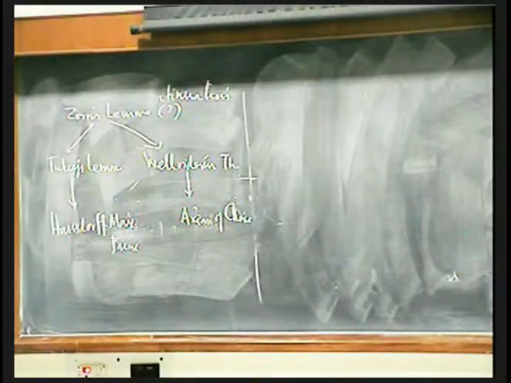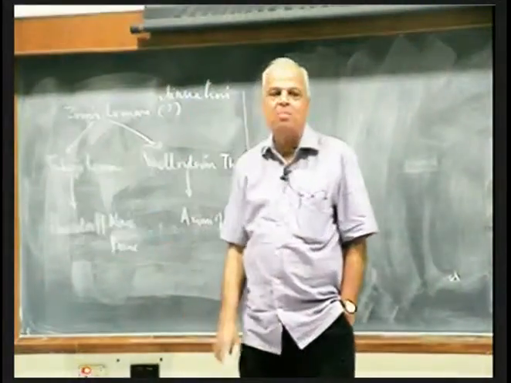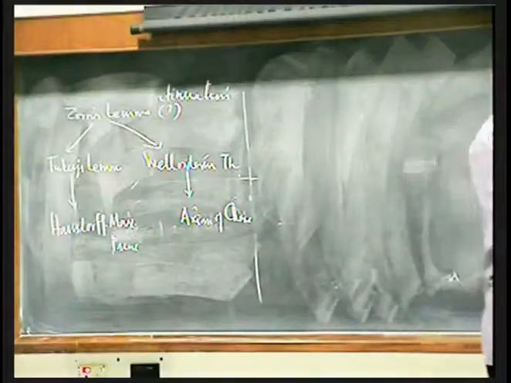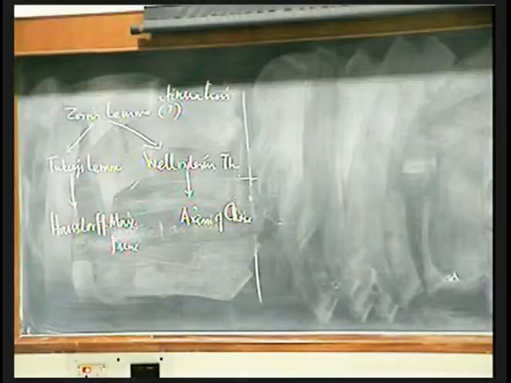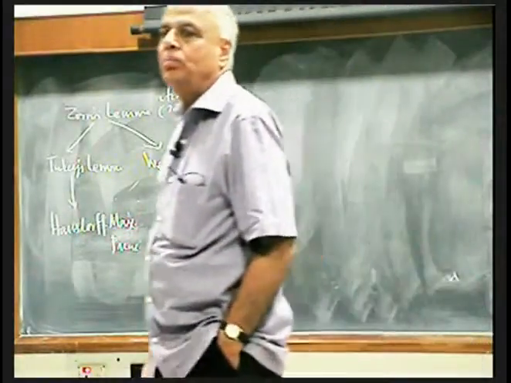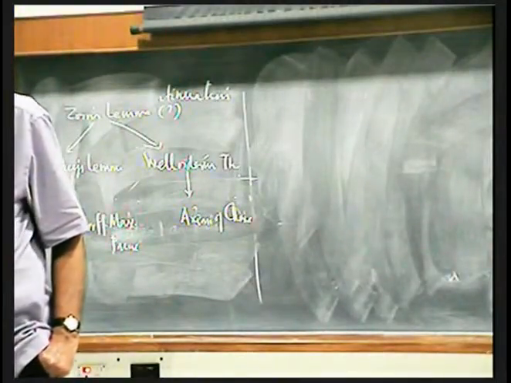But unfortunately, it goes in a circle. How do I prove Zorn's lemma? It turns out that all are equivalent. If you want one of them, you need the other fellows. If all these statements are equivalent, that is, if one is true, all are true. You need not have all of them true also.